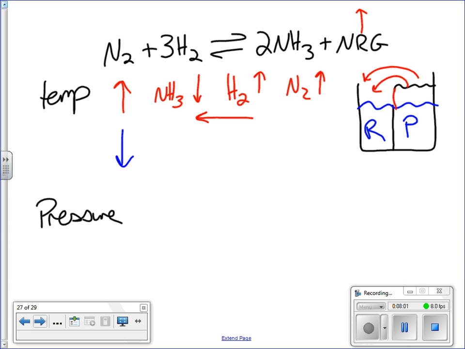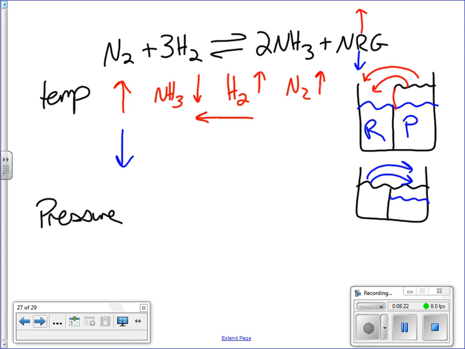If I decrease the temperature, it's going to be written here in blue. I'm taking away energy. I'm taking away a product, if you will. So in my nice little drawing here, I'm taking away, so I have to spill towards my products.